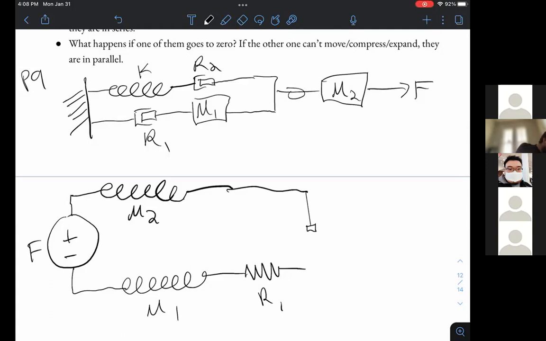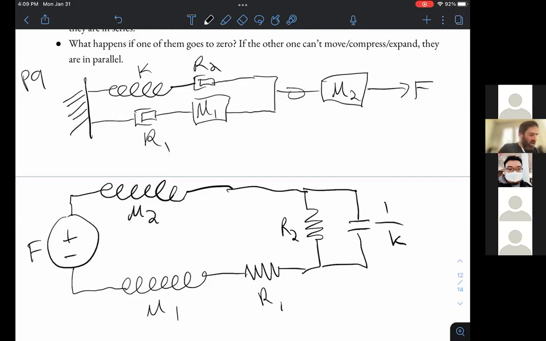I want R2 here. And I want K, which is a spring, which means it's a capacitor with a value of 1/K. Careful there, right? So let's do some checks right quick.